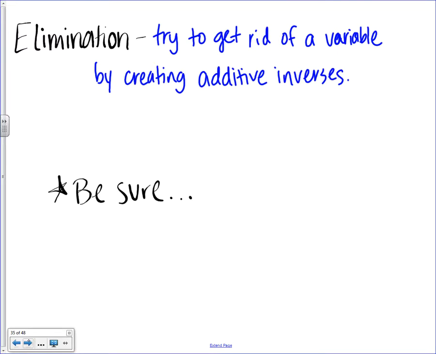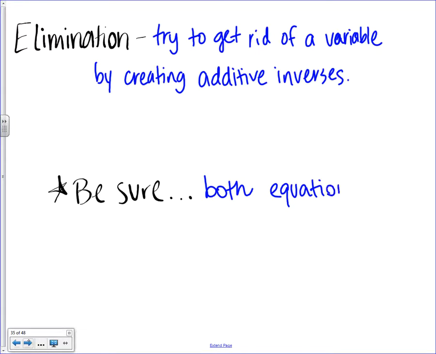And folks, remember, additive inverses is just a fancy way of saying opposites. If you don't have additive inverses, you have to make them, and I'm going to show you how to do that.